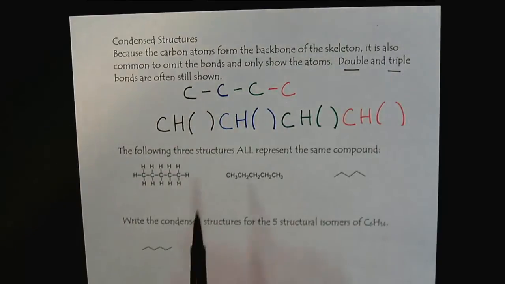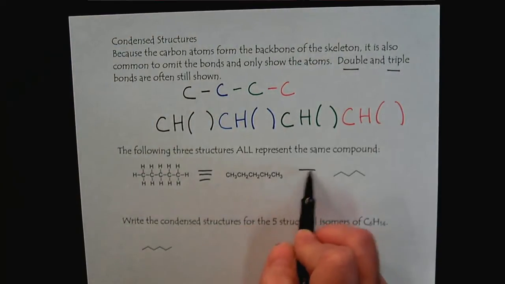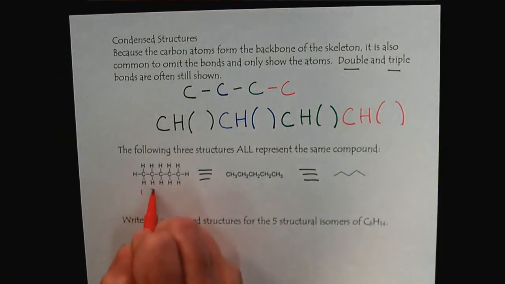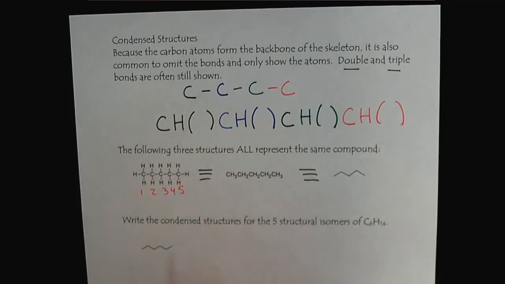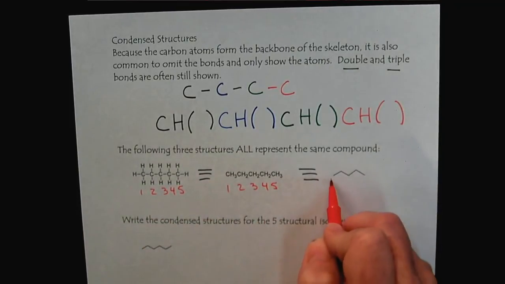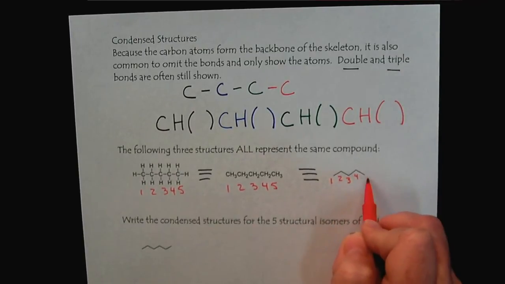So these are all representing the same compound. So recognizing, here's our 1, 2, 3, there's our 5 carbons, our 5 carbons, and our 5 carbons.